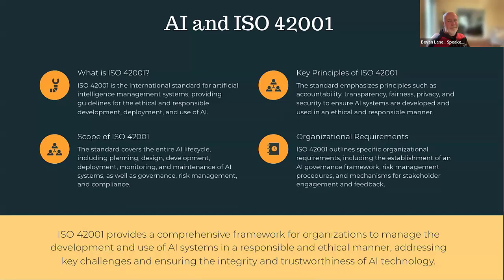It talks about the whole AI life cycle, all the way from planning through to maintenance and governance, risk management, compliance of your artificial intelligence system. Okay, so scope is life cycle, like anything. All these management systems are very focused on life cycles, and the organization talks about those. We're going to talk about AI governance frameworks, risk management procedures, and how do you get involvement from people, stakeholders, internal and external.